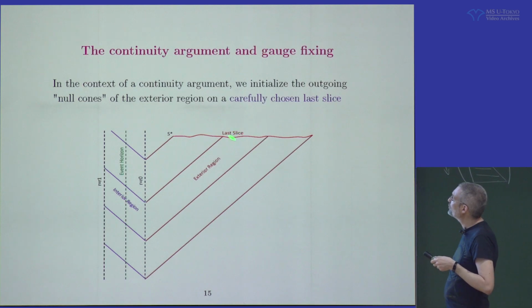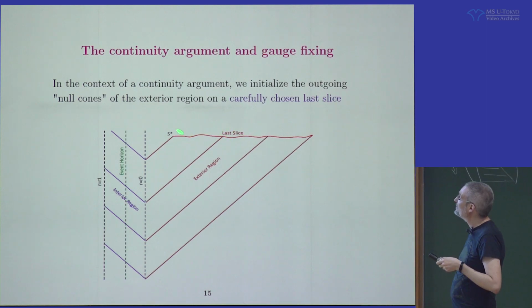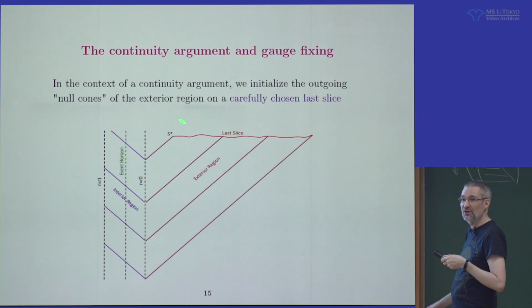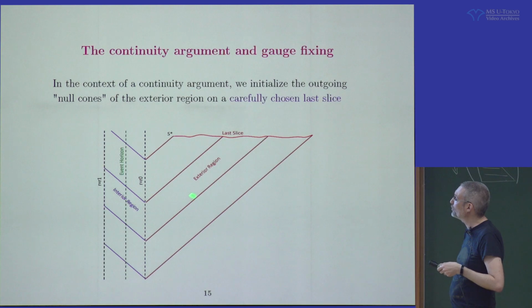And this last slice, you should imagine that it's a hypersurface, so it's a three-dimensional manifold, and it comes together with cuts, and the cuts are two-spheres. So it's foliated by a collection of two-spheres, which are not round spheres, they are topological two-spheres, right? They are surfaces with the topology of spheres, and these special two-spheres you can use to initialize outgoing null cones.